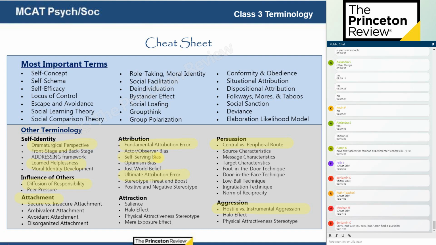Oh, have they asked for famous experimenters' names in FSQs? In famous theorists, we've already seen some, like Durkheim, Marx, and Weber with sociology.